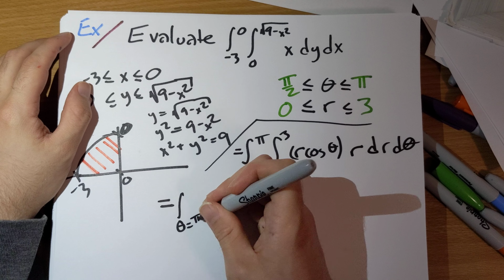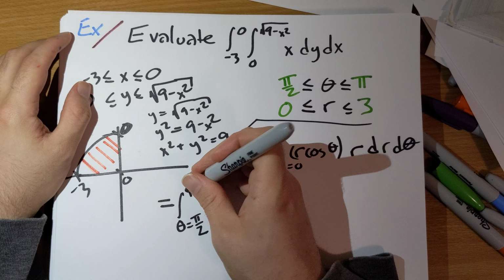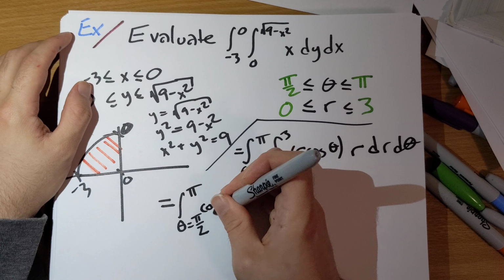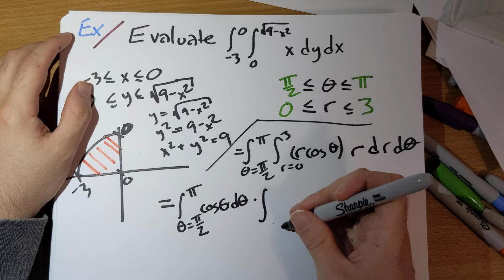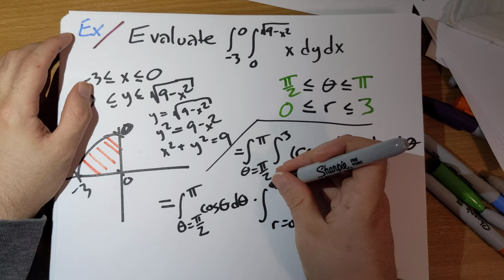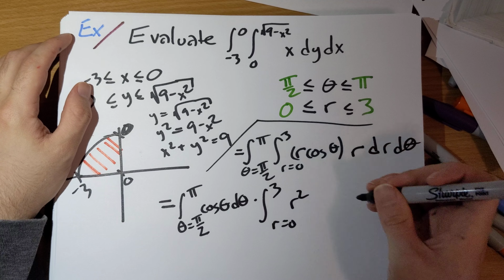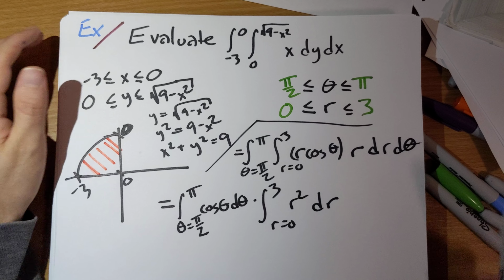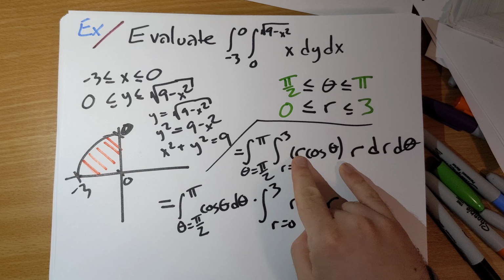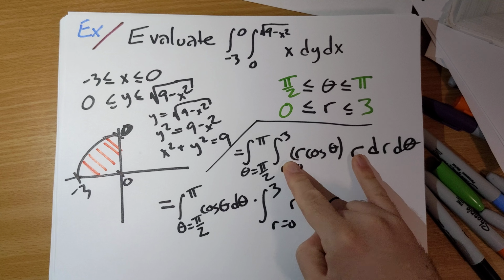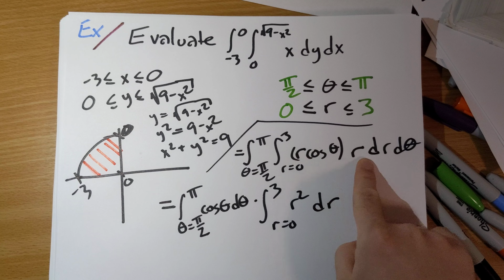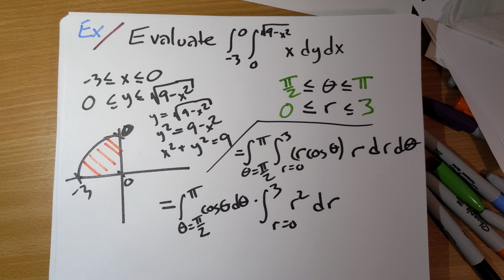Theta runs from pi over 2 to pi of cosine theta d theta times r runs from 0 to 3 of r squared dr. Why can we factor this? The integrand can be written as r squared times cosine theta, a function of r times a function of theta, and the bounds are constant.